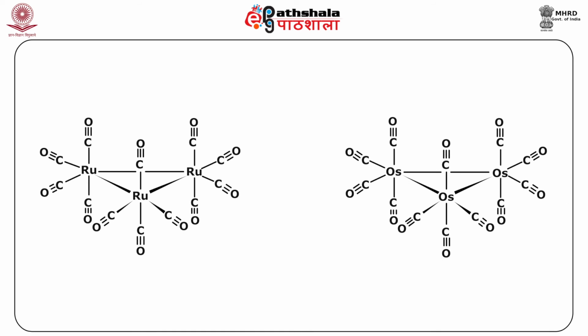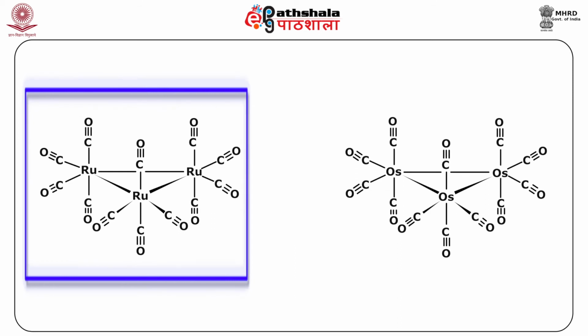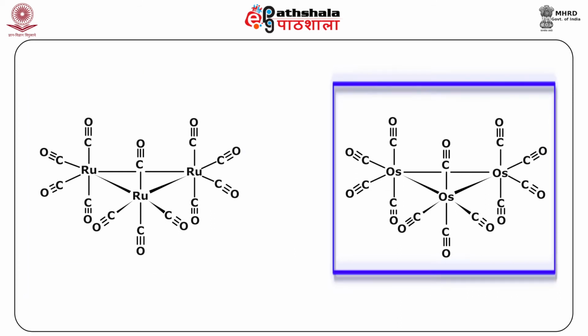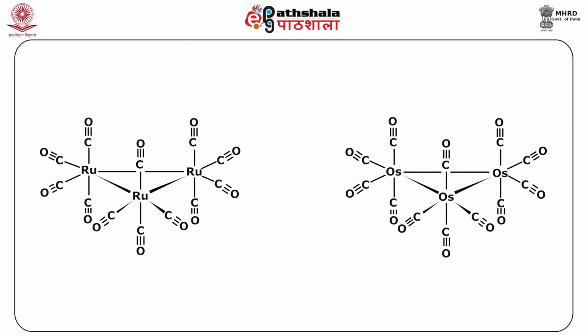Let us consider 2 more examples, which are the dodecacarbonyl complexes of Ru3 and Os3, that is, one is Ru3(CO)12 and the other is Os3(CO)12. They have a triangular planar arrangement of the 3 metal atoms which are held together by 3 metal-metal bonds, as you can notice in their structures here.